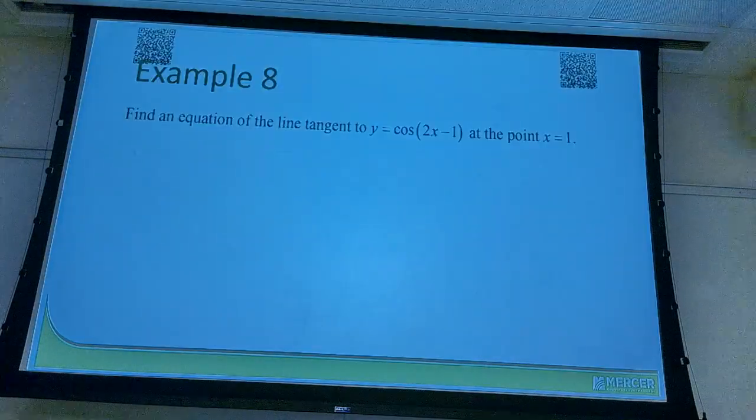We need the derivative, right? What is our derivative? Negative 2 times negative sine of (2x minus 1).